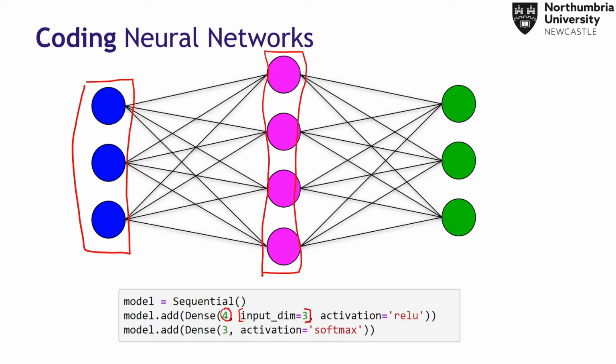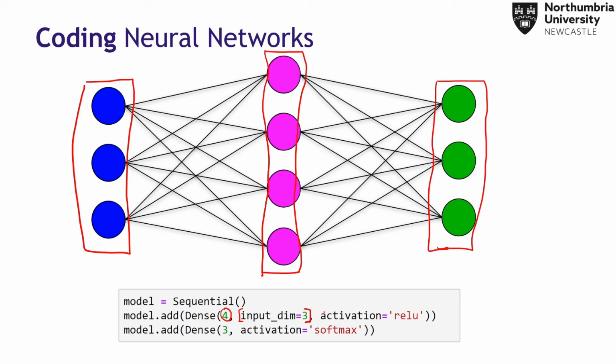And then Keras knows that this is going to carry forward into the next layer. So you don't need to say input dim again. It just automatically does that. And you just need to tell it how many output nodes you are going to have. In this case, it's 3.